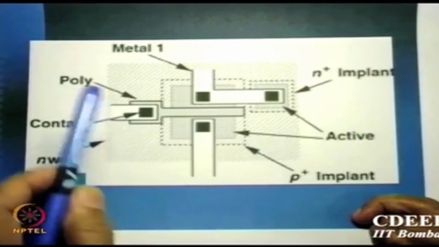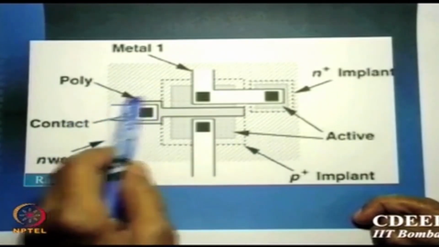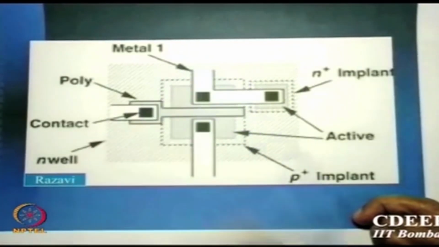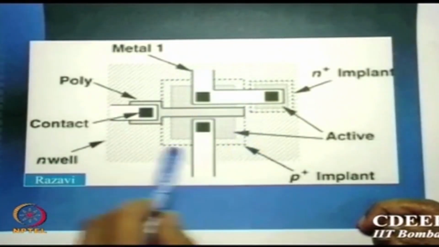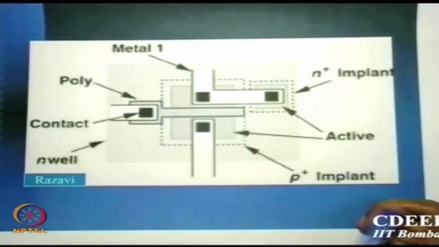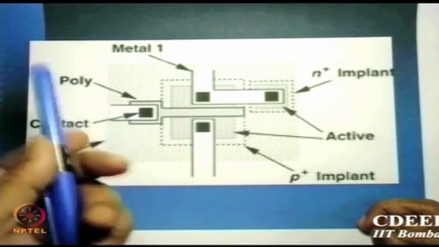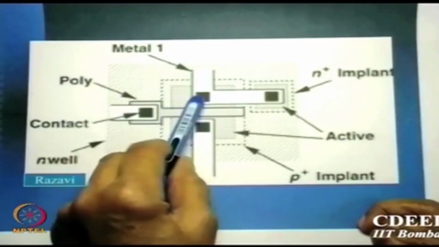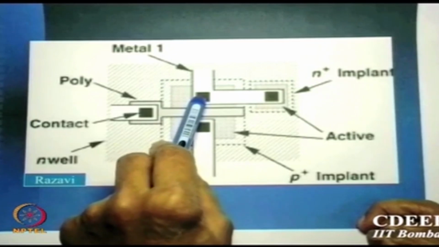There are two devices shown here. One can see from here, this is the poly, that is, the gate which is shown here. This is a P plus implant, this is an N plus implant. Right now only one transistor is shown, the other part I have not shown. This contact is essentially called metal 1.